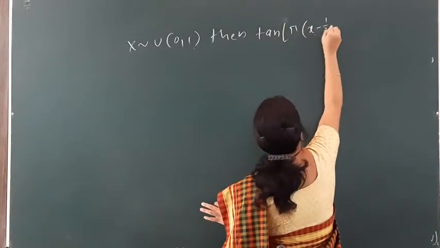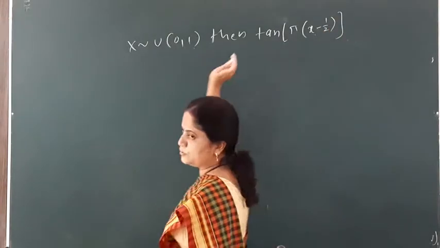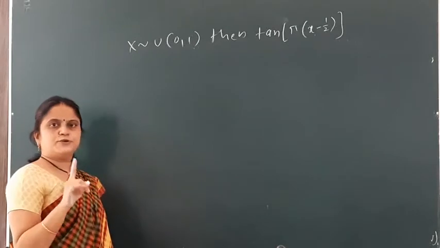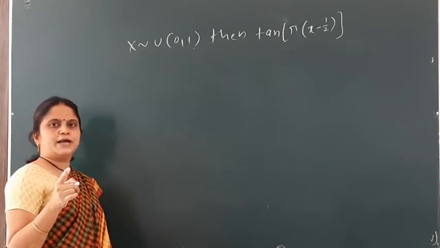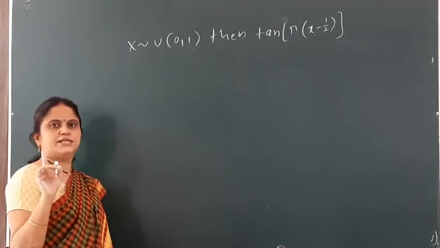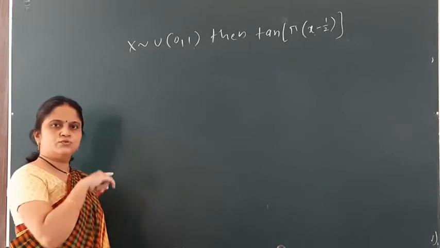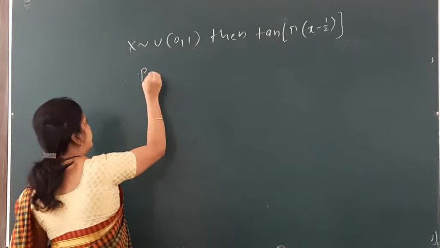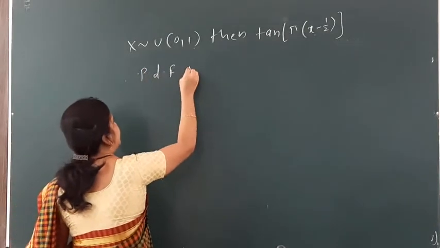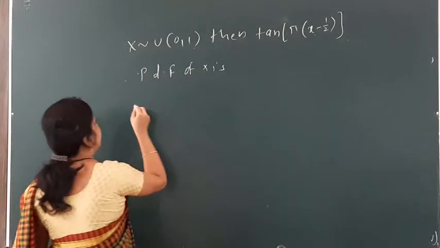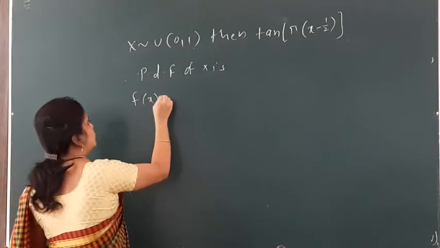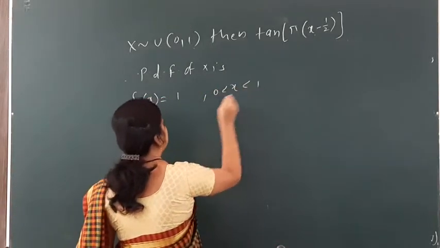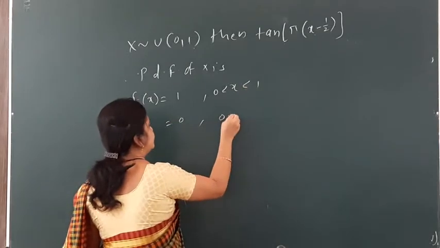Now see, I have x follows uniform 0, 1. By using your previous knowledge from SYBSc, you know the PDF of uniform 0, 1. So the PDF is f(x) equal to 1 for the range of x from 0 to 1, and equal to 0 otherwise.